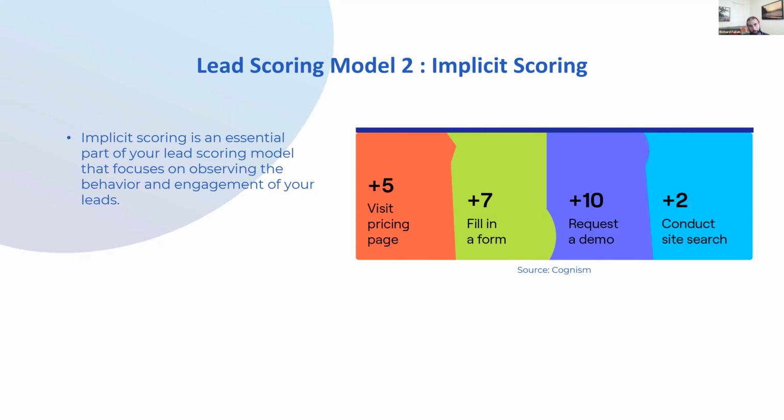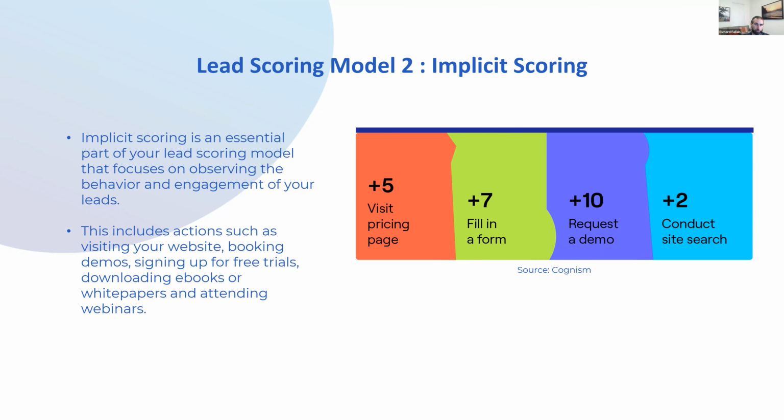There are different ways where you can associate a higher score with that activity, but now it's the actual lead physically visiting, physically clicking and engaging with your brand. Okay, we're turning these now into score points.